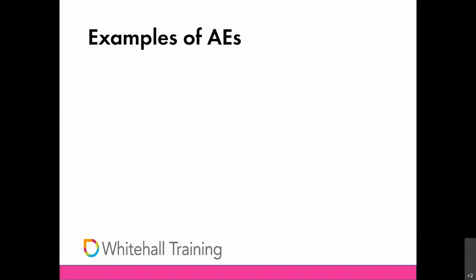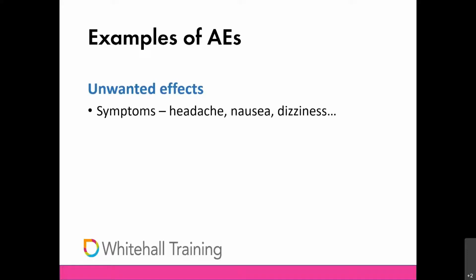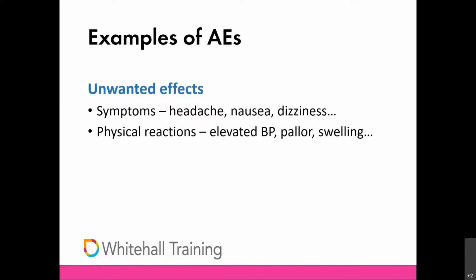So let's give you some examples of kind of adverse events that could be seen. Unwanted effects. Now, these are, if you like, the stereotype side effects that patients tend to think of when they take drugs. So unwanted effects like headache, nausea, dizziness. There could be physical reactions such as elevated blood pressure, pallor or swelling.